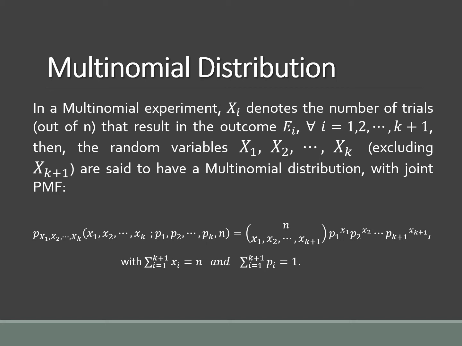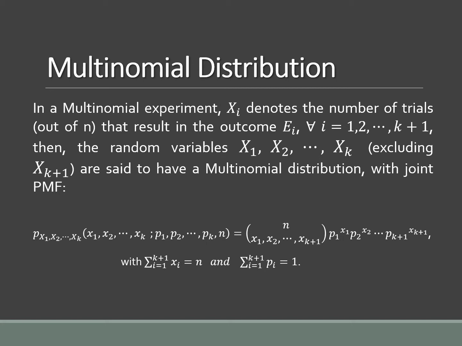As you could see here, the joint PMF is just the combination of n taken each of those number of results for each category times the probability of getting that ith outcome raised to the number of trials that resulted to that outcome, up to the probability of k plus 1 raised to X sub k plus 1. And here, of course, we have two constraints. First, the sum of the X sub i's, i from 1 up to k plus 1, should be equal to n.